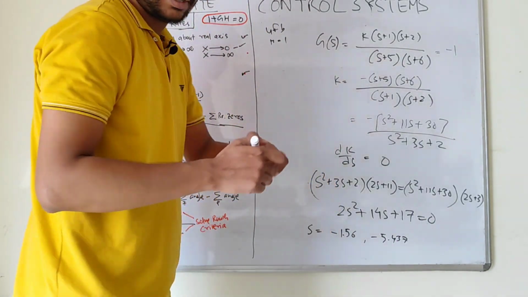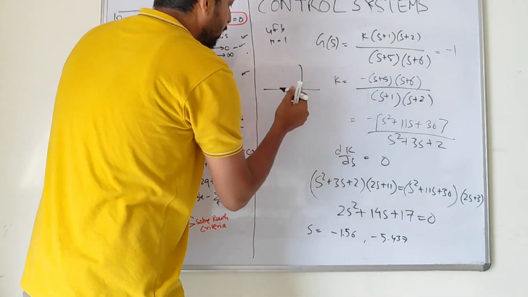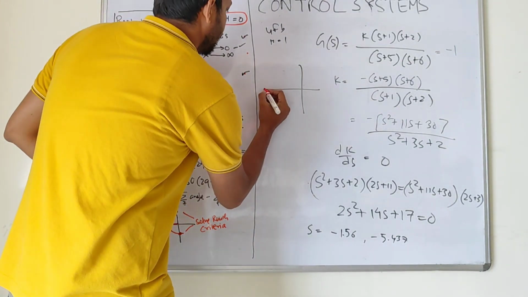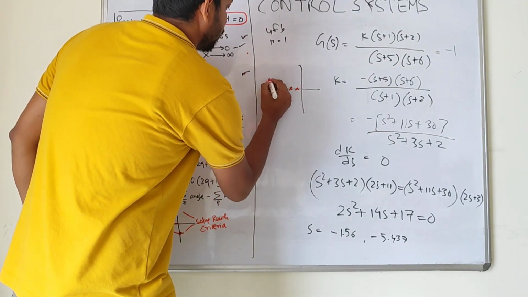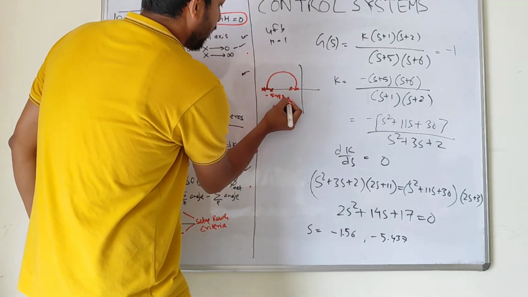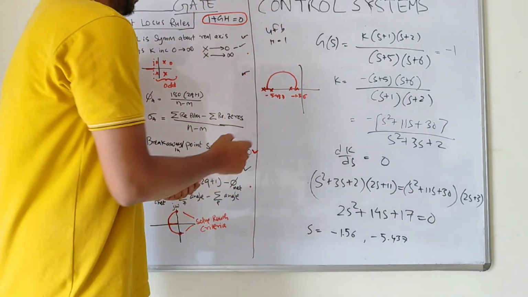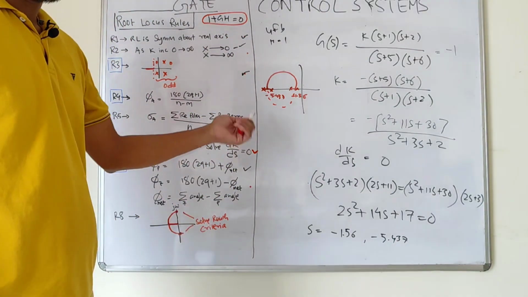So obviously if you go back to the root locus, here were the poles, here were the zeros. It's going to break away and break in. So this -5.437 is the breakaway point and the break-in point is -1.56, right? And of course the symmetric part would be there. So this is the solution.